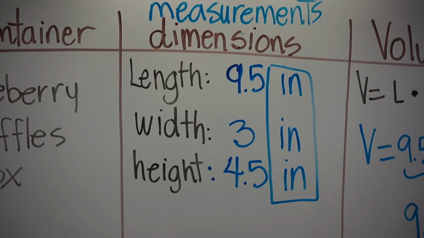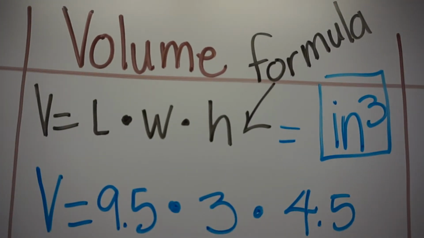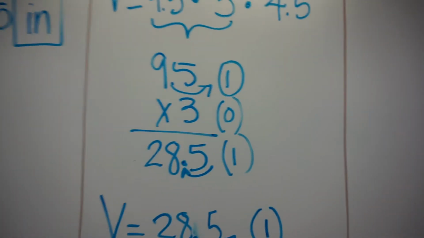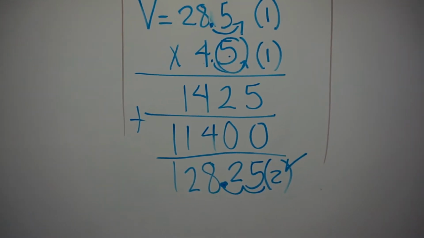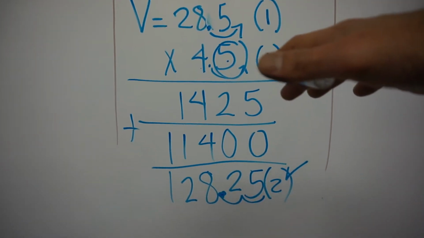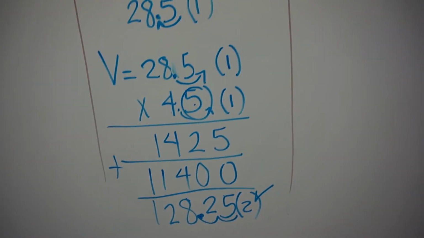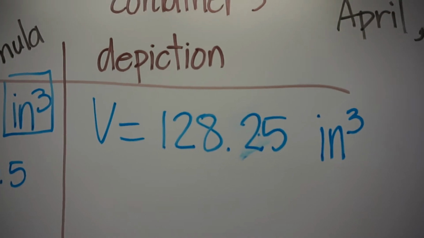Here are the dimensions or measurements. This is the formula for volume. And this is the procedure to show your work. If I had time, I would check my multiplication with division to see if the answer is correct. But right now, because I don't want these videos to be too long, I'm going to leave it like that. So the total is this.